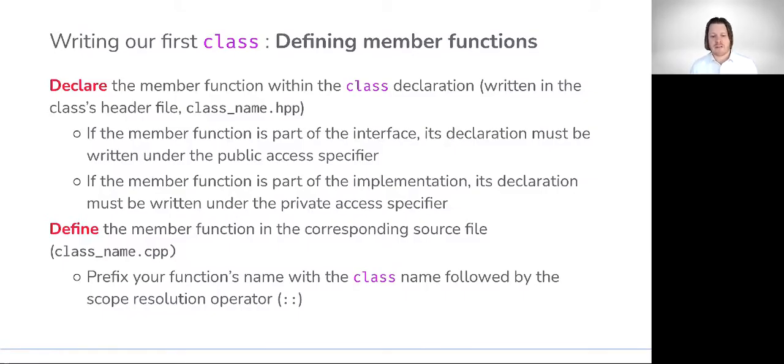We will then define the member function in the corresponding source file. We're going to prefix the name of that function with the class name followed by the scope resolution operator. What we're essentially communicating is, hey, this is the definition of, in our case, color's function, whatever it might be, and not some other function.